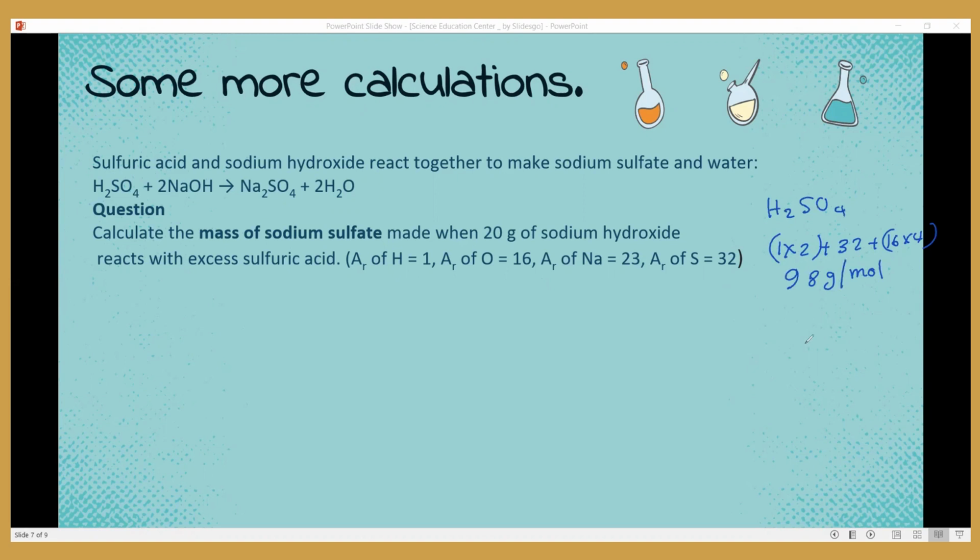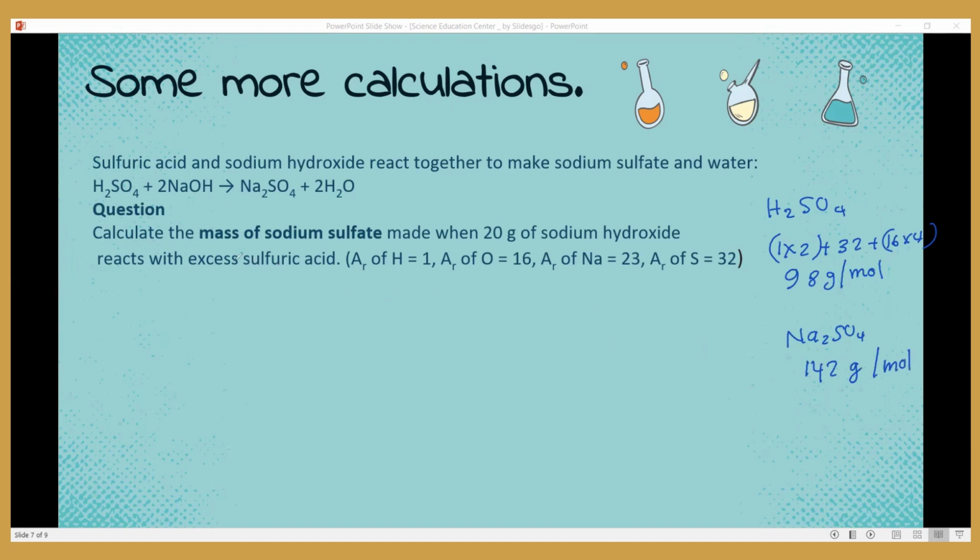And Na2SO4. If you are substituting 23 for sodium, 32 for sulfur, 16 for oxygen, what we are going to have is 23 times 2 plus 32 plus 16 times 4, and it is 142 gram per mole.